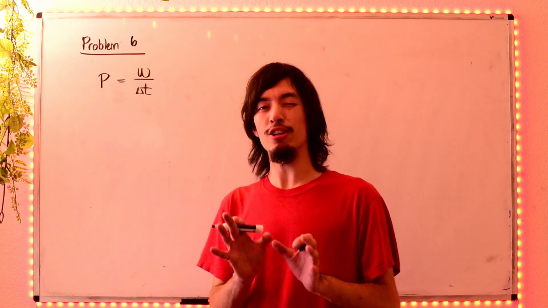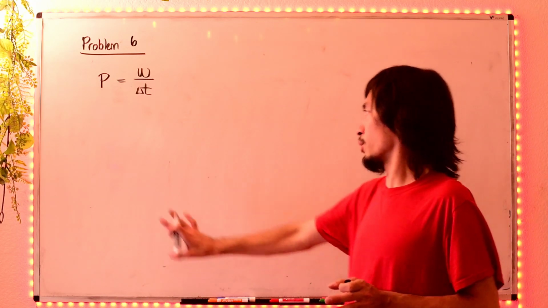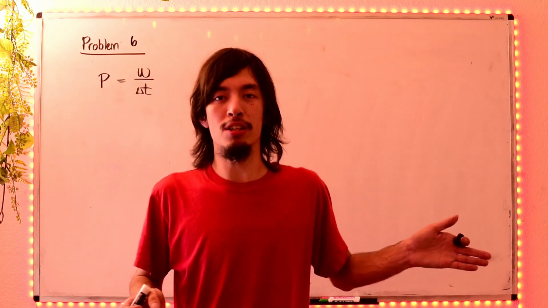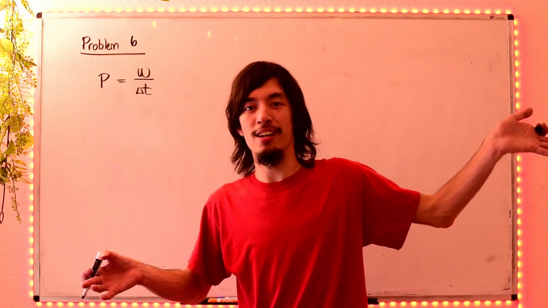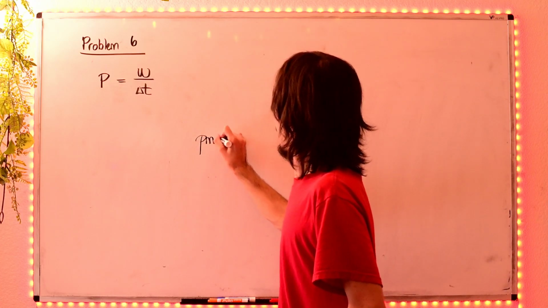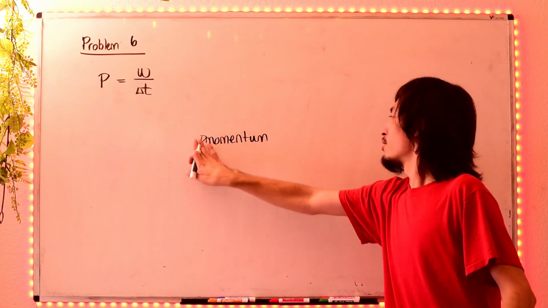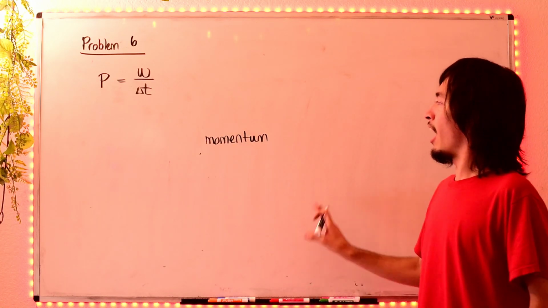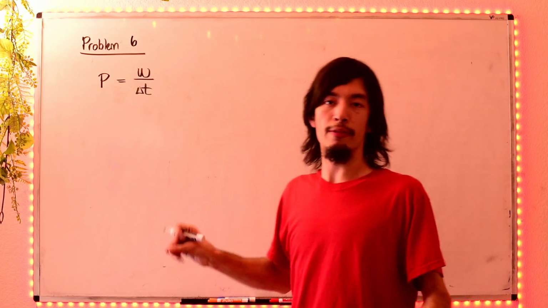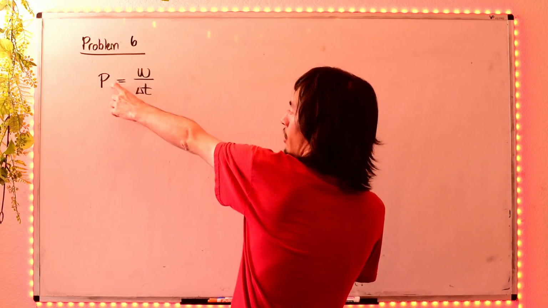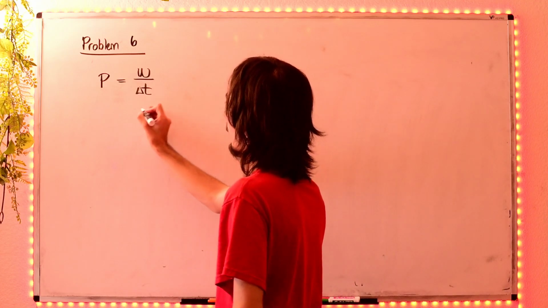But at least make sure you know what each thing is, because, for instance, you'll use P for power, but there's also P for momentum, because apparently the P is silent, right? Right? P is silent. So you use P for momentum, and you need to distinguish that from your P for power. So this is the definition of power.